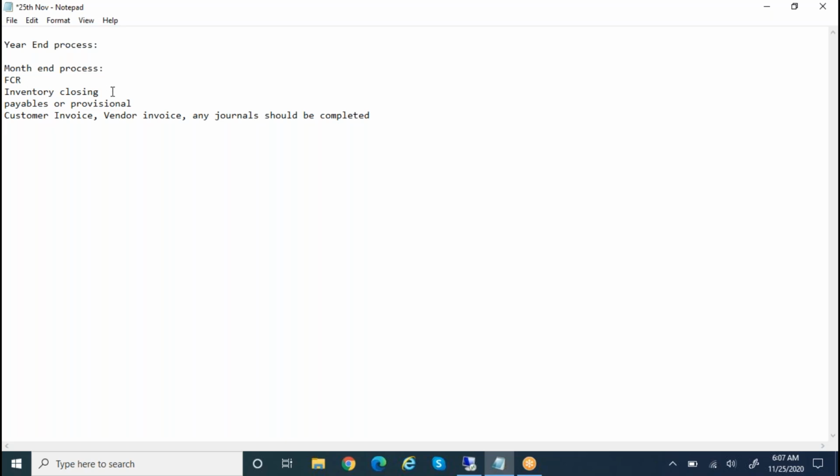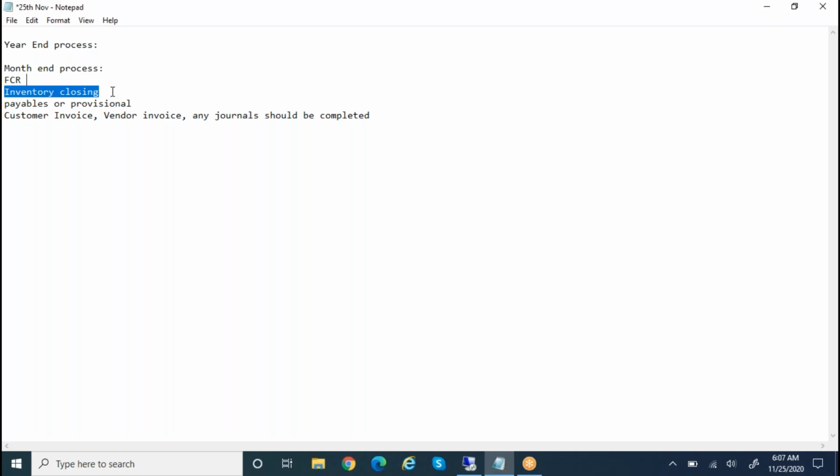Except inventory closing. Of course, inventory closing will be executed by the inventory team, like the stores department, but the finance team can view whether it is executed or not.